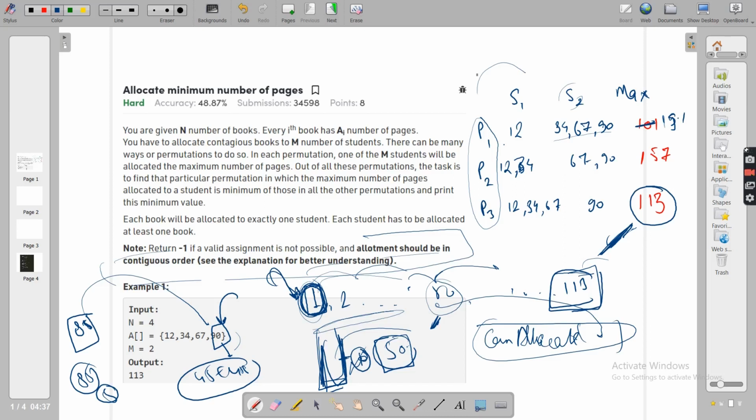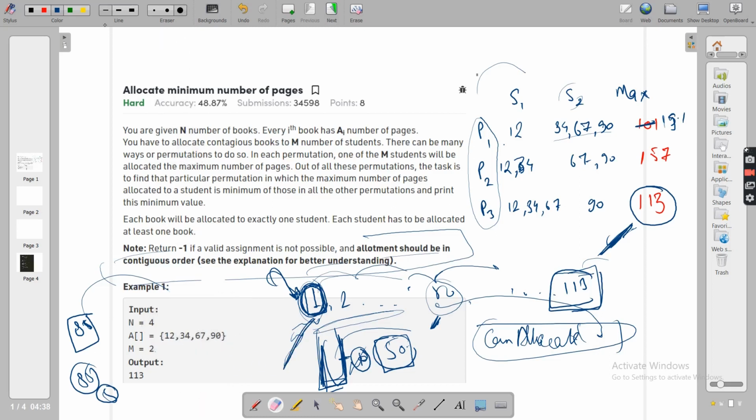So you have to make sure that whatever you are starting from on your number line, to calculate the minimum pages I can give, you start with the maximum number of pages in that array. And why are we doing this?